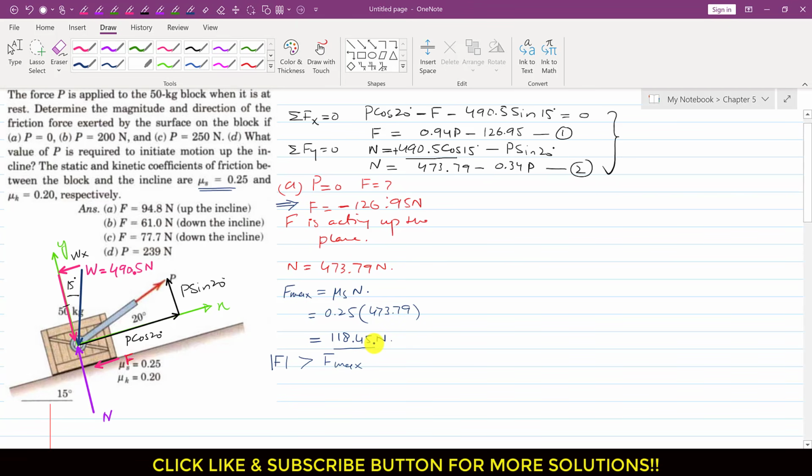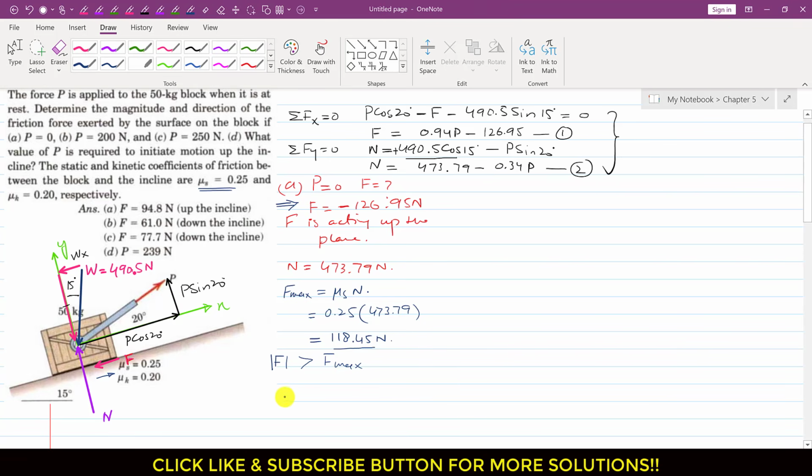So the system is not in static equilibrium, which means that the block is moving downwards, since the friction force is acting in this direction when P force is equal to 0.